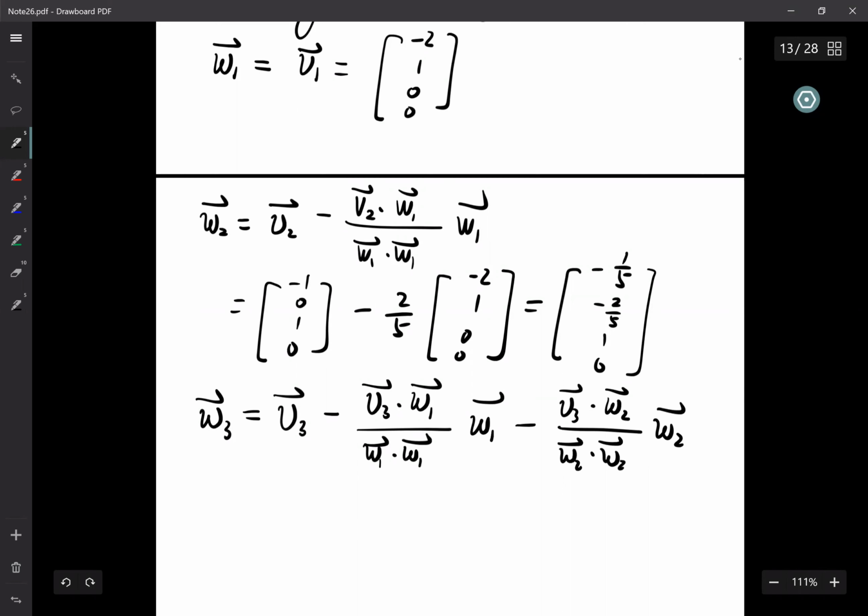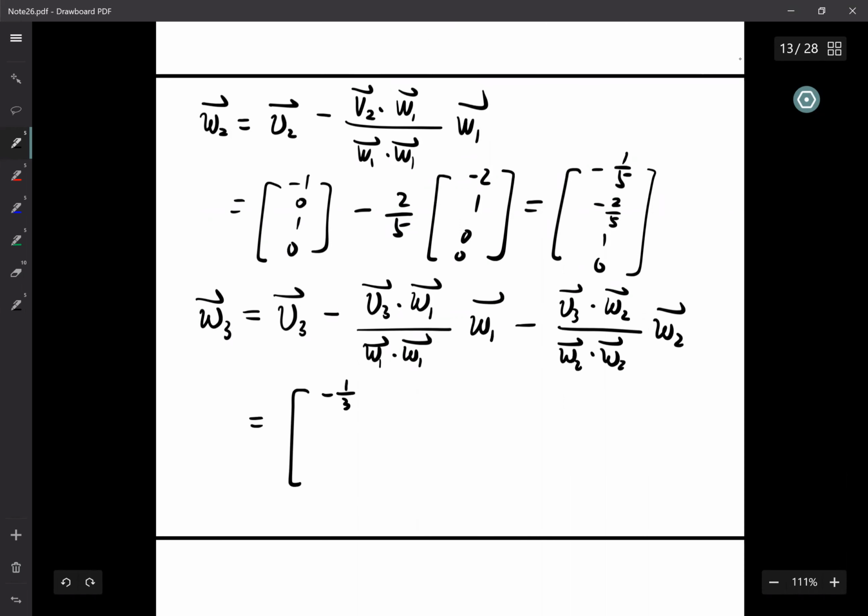You just carry out this procedure. It's a bit boring, so I just write down the answer: -1/3, -2/3, -1/3, 1. And you can verify as an exercise that this indeed spans the same subspace, and these are orthogonal. Good?